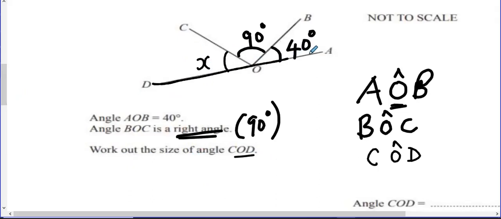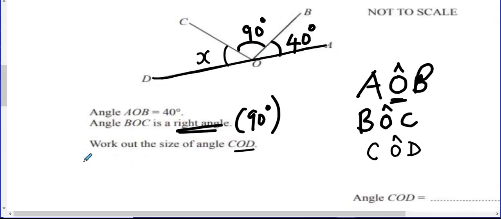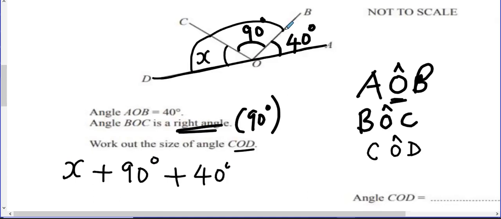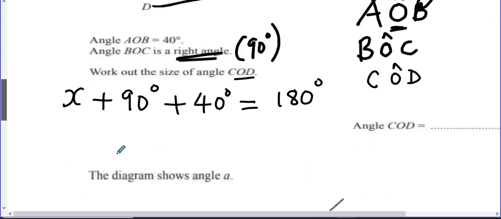Angles on a straight line add up to 180 degrees. So X plus 90 plus 40 equals 180 degrees, and you'll be able to work out the value of X.